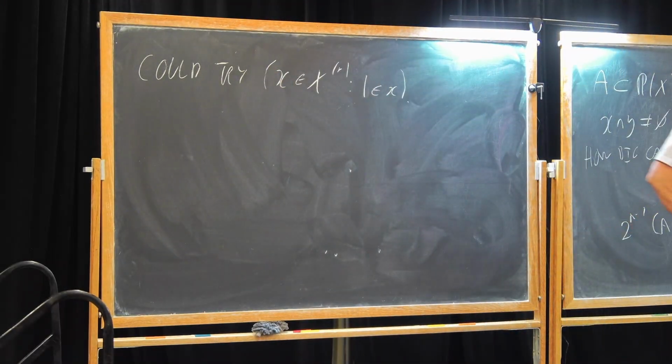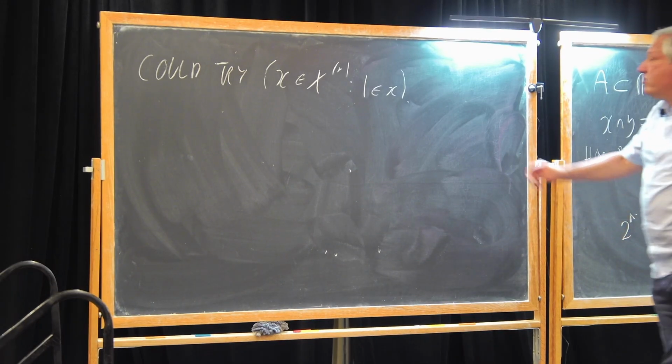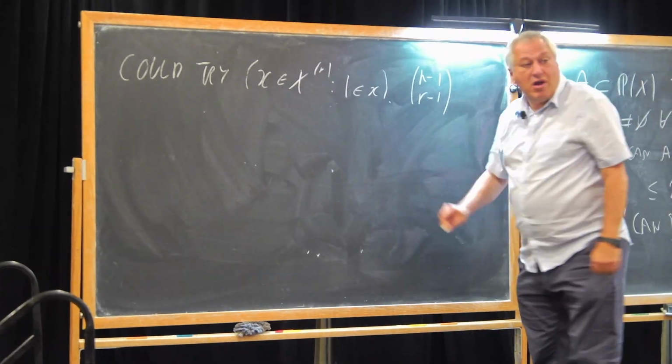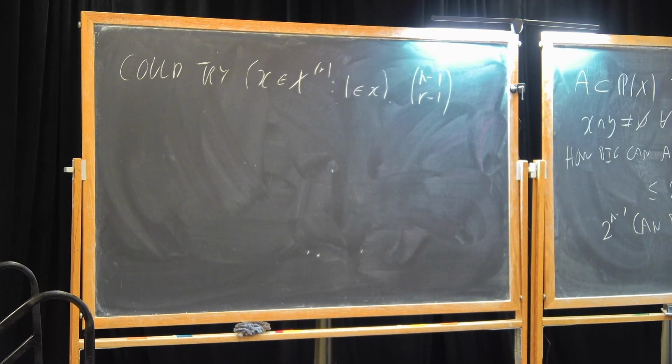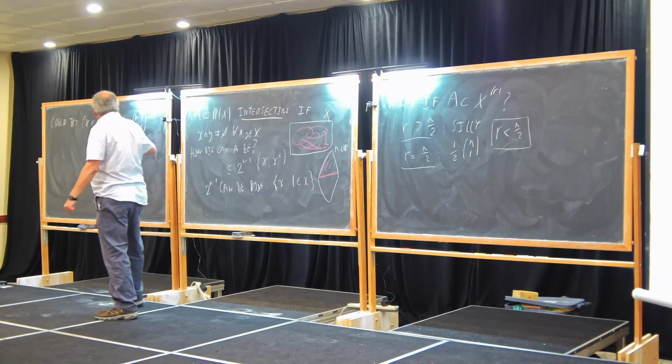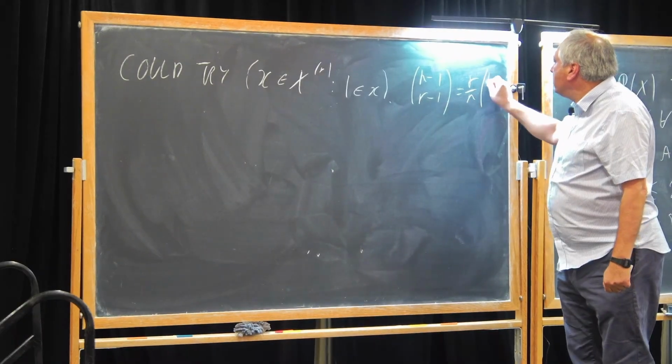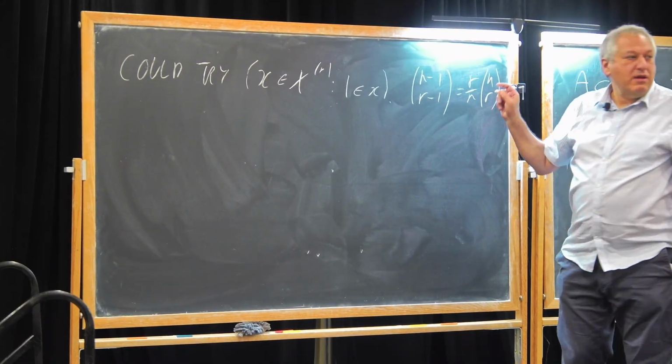If you're taking an r-set and you fix 1 point, you have r minus 1 points to pick from the remaining n minus 1. So that has size n minus 1 choose r minus 1. That's quite a nice example. By the way, as a fraction of all r-sets, that is r over n of the world.